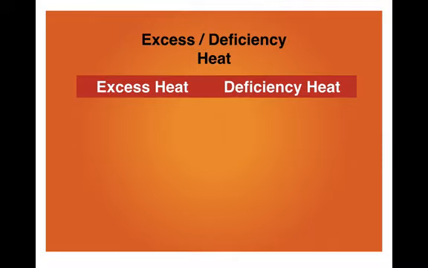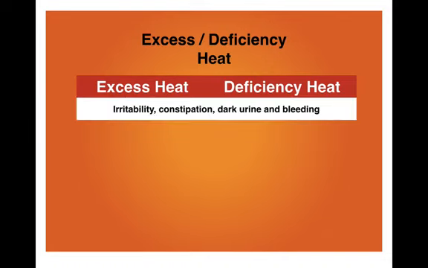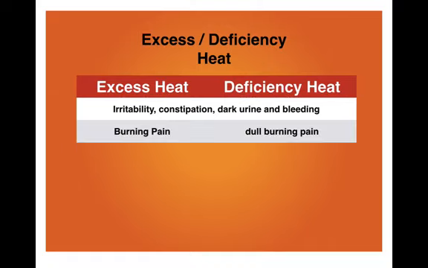Now, let's differentiate excess heat from deficiency heat. How do we tell these apart? There are some symptoms they share: irritability, constipation, dark urine, and bleeding. But really what sets them apart is with excess heat, you have burning pain, intense, right? Burning pain, depending on the amount of heat. With deficiency heat, you're going to have a dull burning pain.